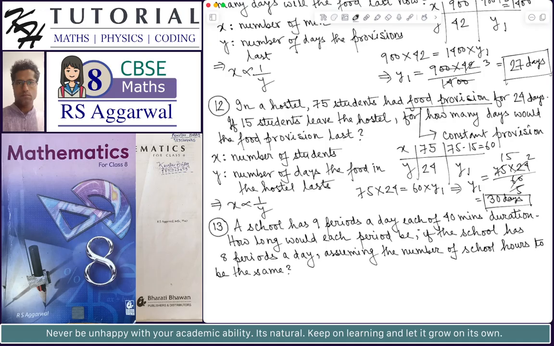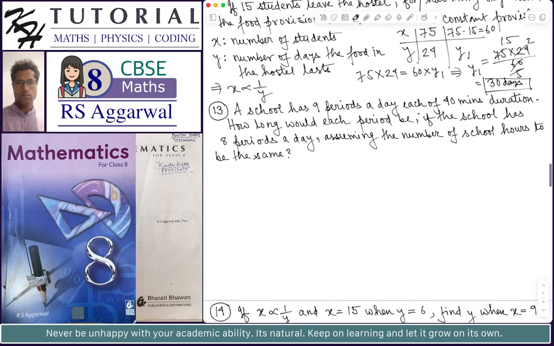So if the number of students is less, definitely the same amount of food will last for more days. Earlier the number of students was 75 and the food was lasting for 24 days, and now when the number of students has become 60, the food is lasting for more days, that is 30 days.